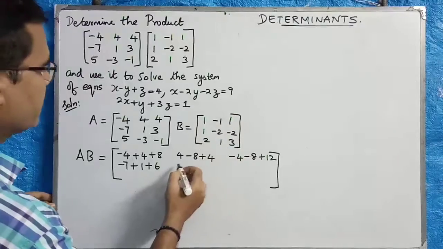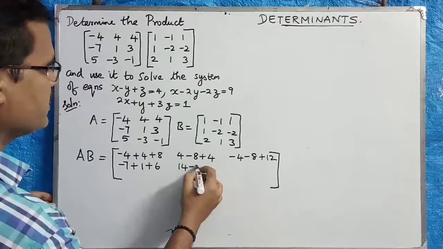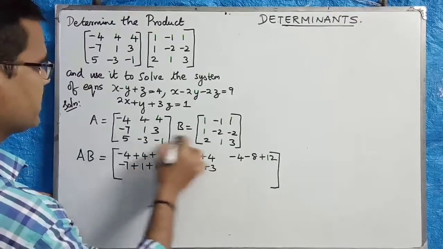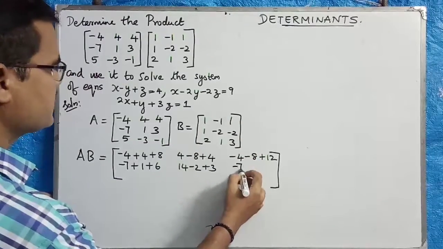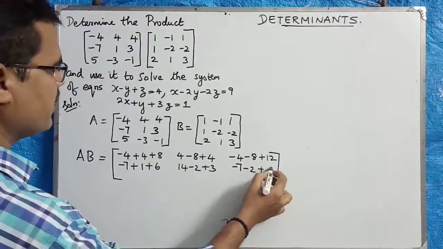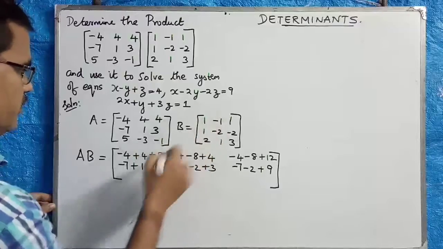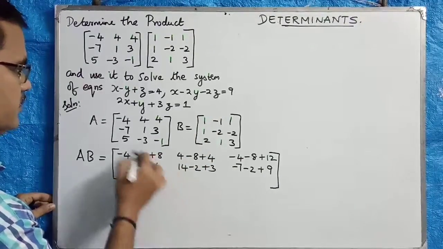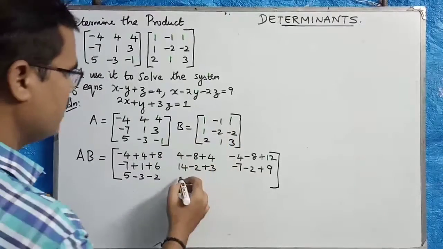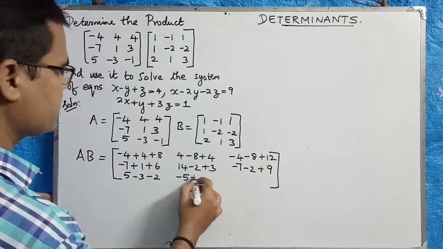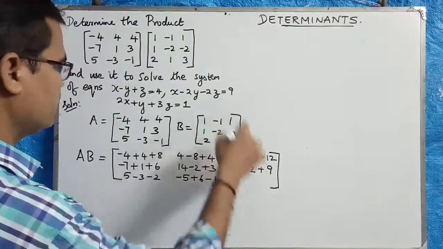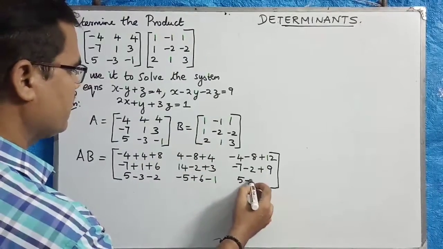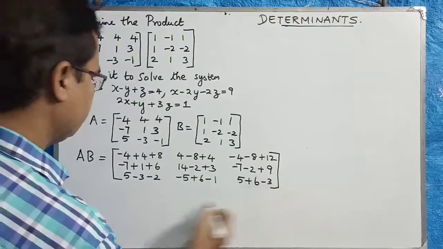Second row, second column, 14 minus 2 plus 3. Second row, third column, minus 7 minus 2 plus 9. Third row, first column, 5 minus 3 minus 2. Third row, second column, minus 5 plus 6 minus 1. Third row, third column, 5 plus 6 minus 3.